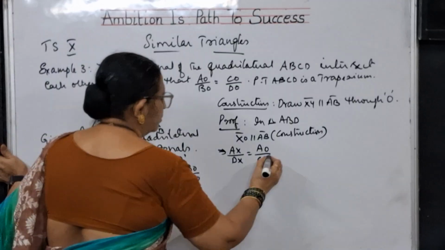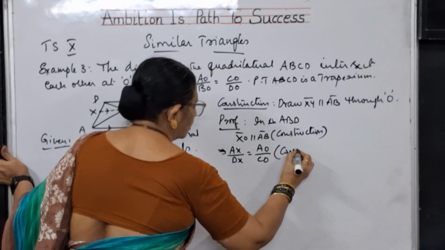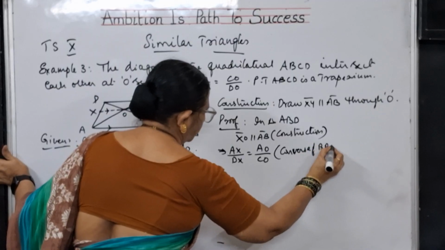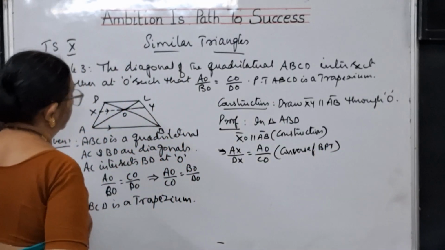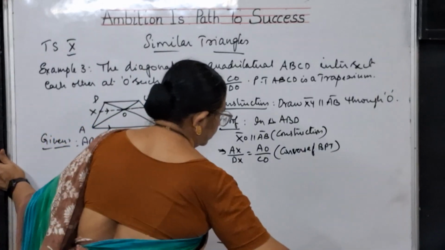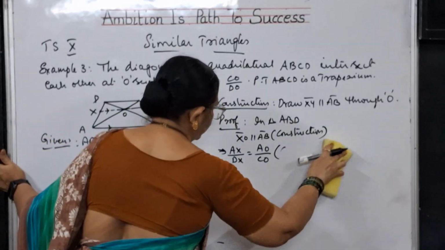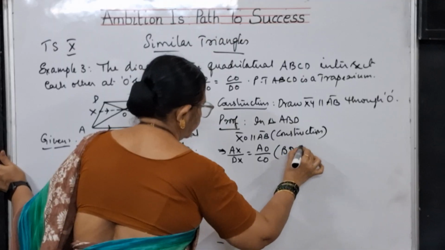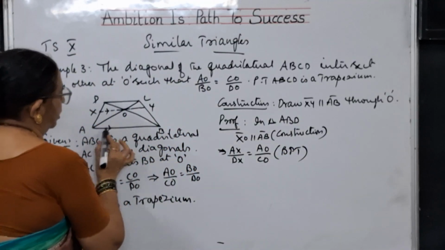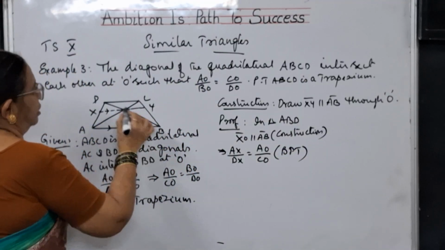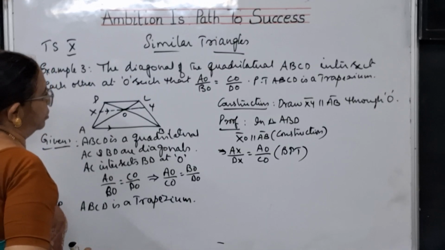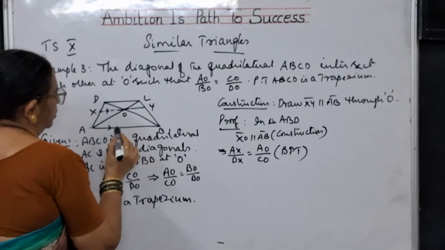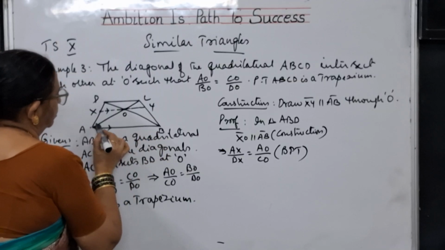What is this? This is BPT, not converse. Directly BPT. If a line is drawn parallel to one side of a triangle, it divides the other two sides in the same ratio. So, basing on BPT, AX by DX is equal to what you can say?